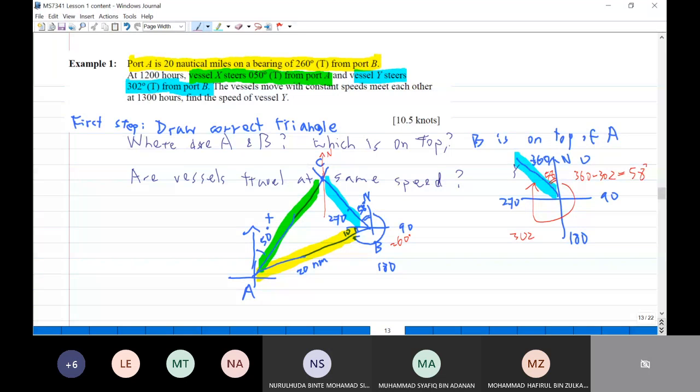Then we know that this angle is 50. Okay, why is it 50? Because of the parallel line. So this is 50, therefore this is also 50. Right? Then also you know that because this is 58, this one is also a parallel line, so this is 58 also.